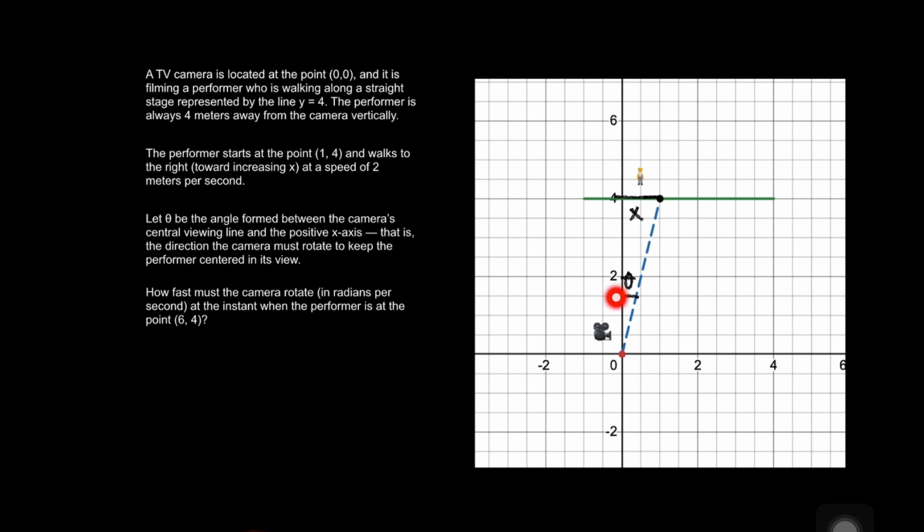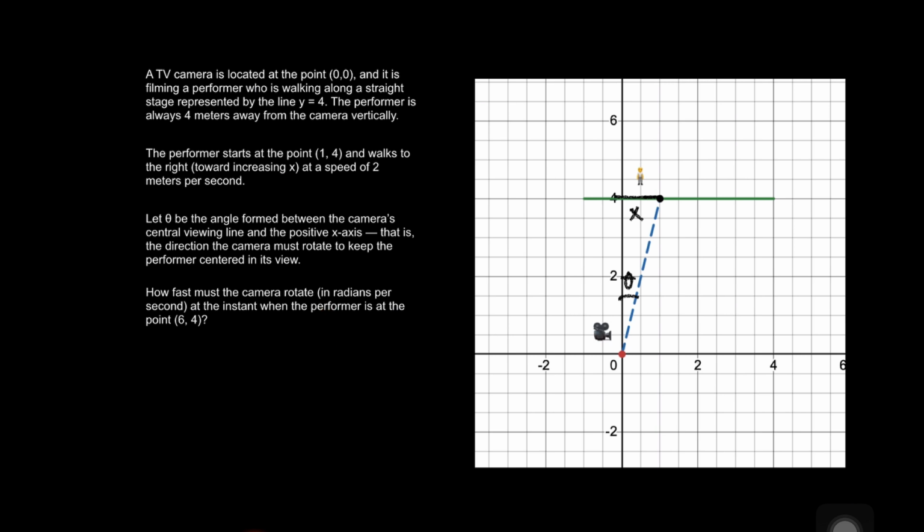Okay, we're told that theta is the angle right here on my picture, it's the angle between the camera's central viewing line, like straight at the stage, and then to where it has to point basically to see that performer. And the question is, how fast must this camera rotate in radians per second at the instant in time when the performer is at the point 6, 4?